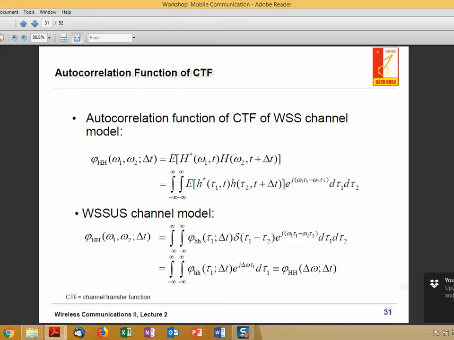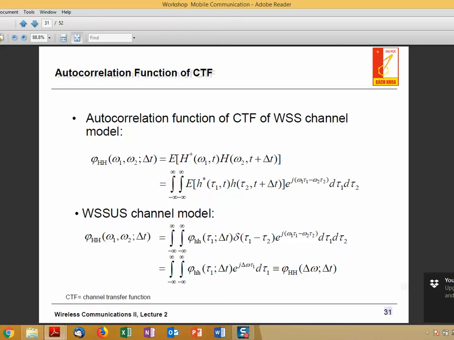You have e to the power of minus j omega 2 tau 2, where tau 2 is the integral variable. We do the same with tau 1, which is also an integral variable.